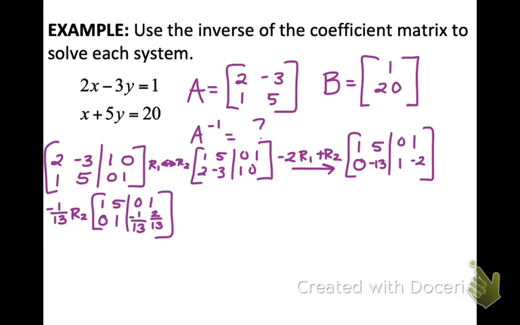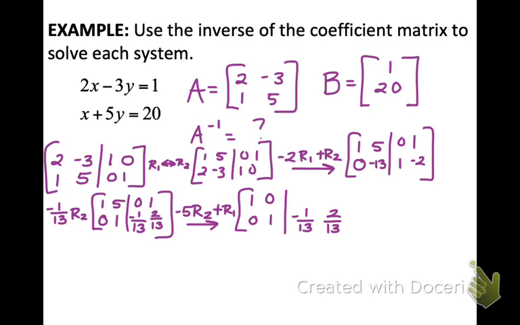What's the last step I have to do? Turn the 5 into a 0 by doing what? Good. Negative 5 R2, add it to R1. So row 2 is not going to change. 0, 1, negative 1 over 13, 2 over 13. So then I get a 1. I've got a 0.